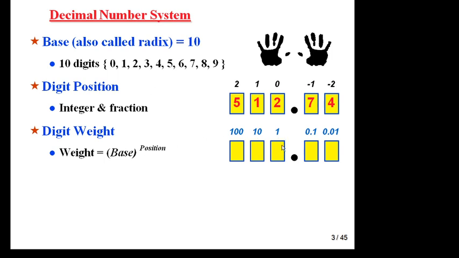For this decimal number system, the weights will be 10 to the power 0, which is 1, 10 to the power 1, 10 to the power 2, which is 100, 10 to the power -1, 10 to the power -2. So this is very important.